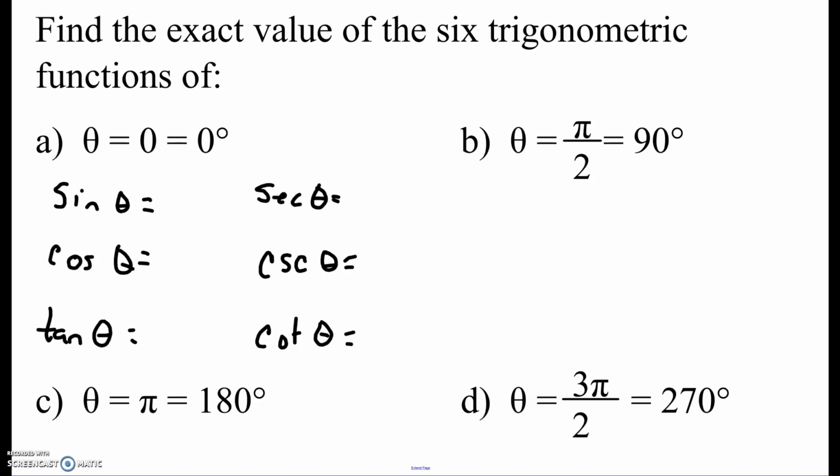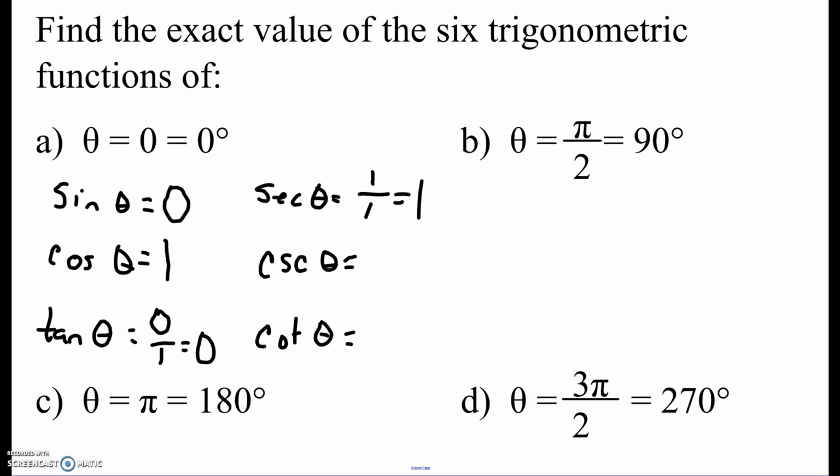So according to the unit circle, sine is the y value at 0 degrees. Sine is 0. And cosine is 1. Tangent is sine divided by cosine, so 0 over 1, or 0. Secant is 1 over cosine, 1 over 1.